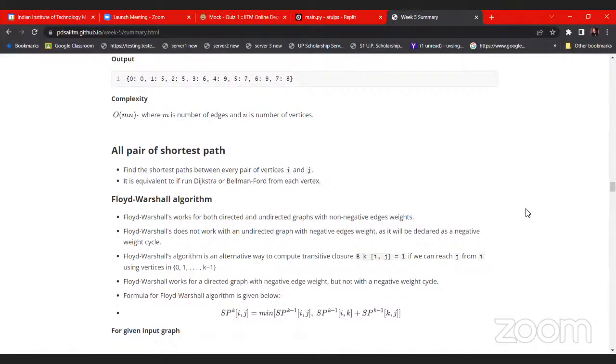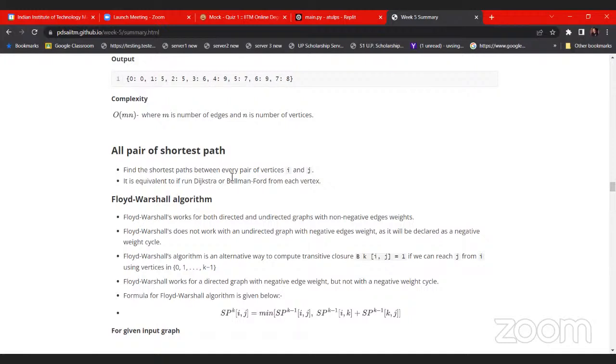This is called the all pair shortest path algorithm. There is one algorithm for it, the Floyd-Warshall algorithm.